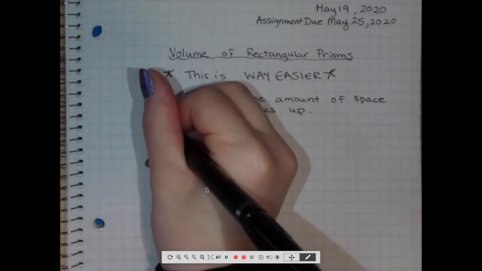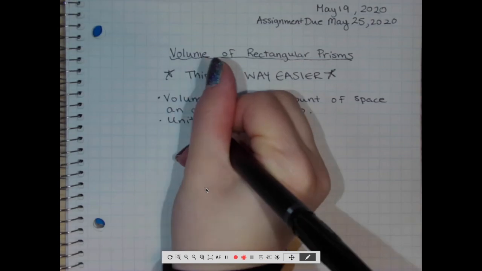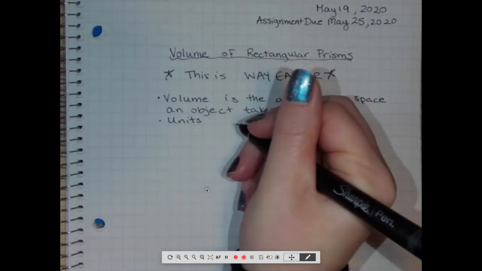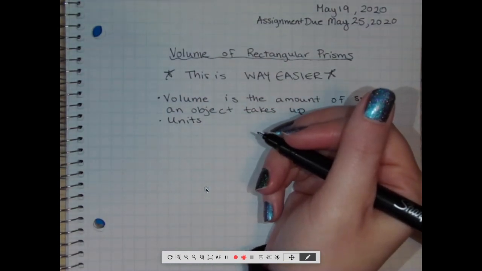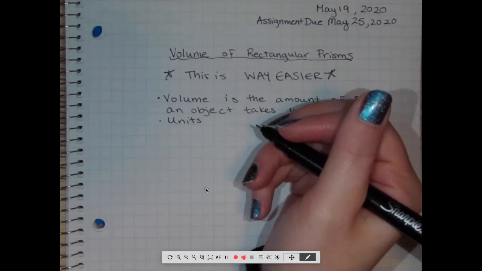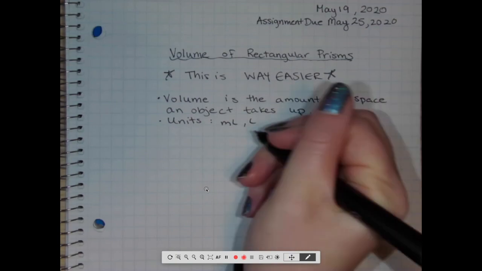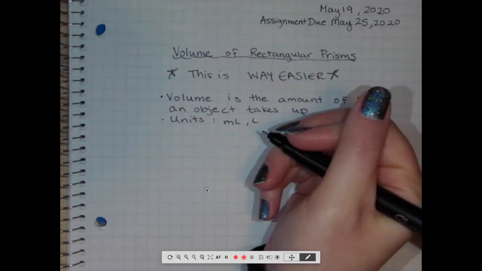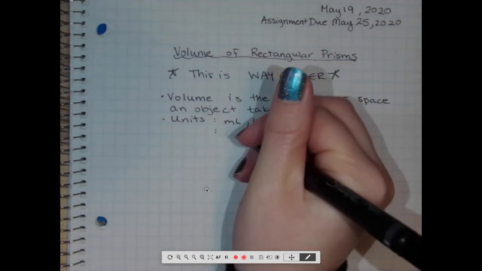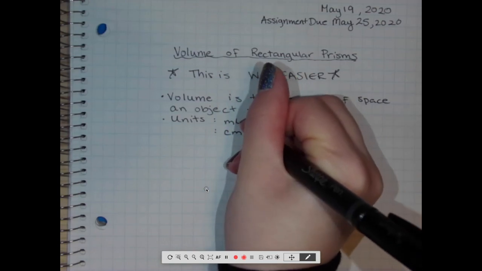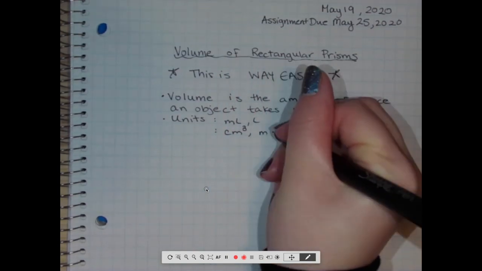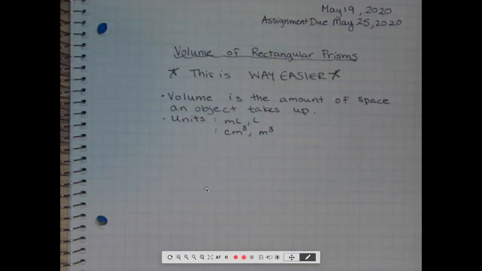Its units are often, we think of volume in science class, we'd be looking at things like milliliters, liters. When we're solving our problems, we're going to look at things like centimeters cubed, meters cubed. It'll be whatever the unit is cubed. And we'll get into why that is in just a moment.